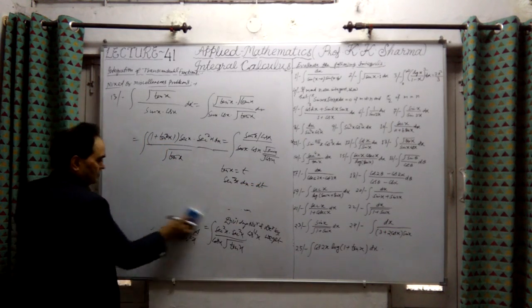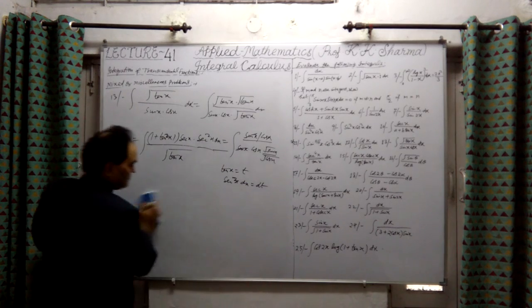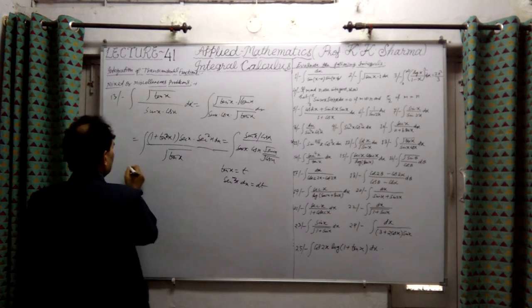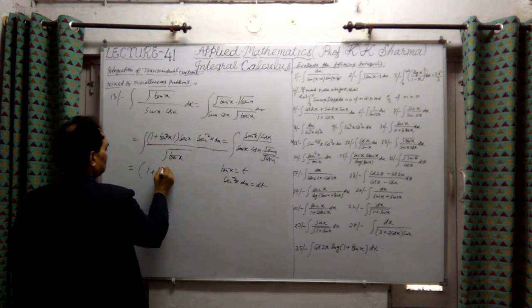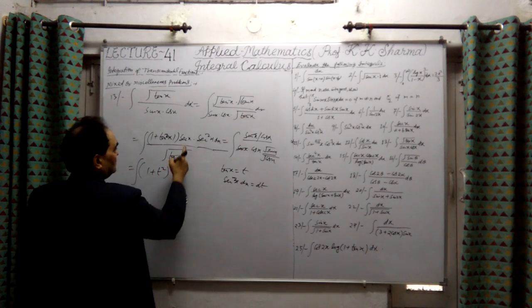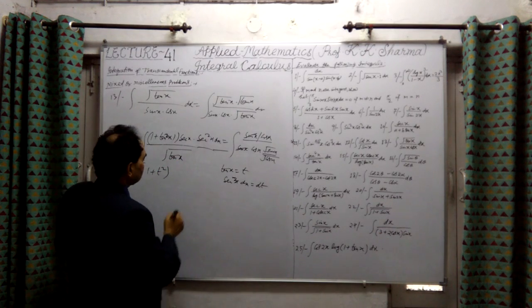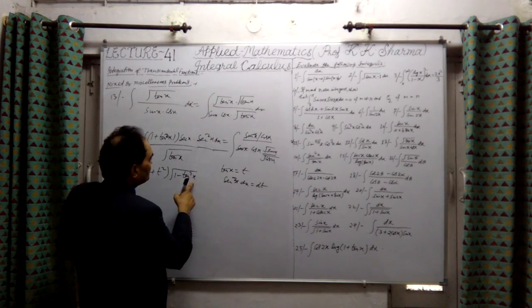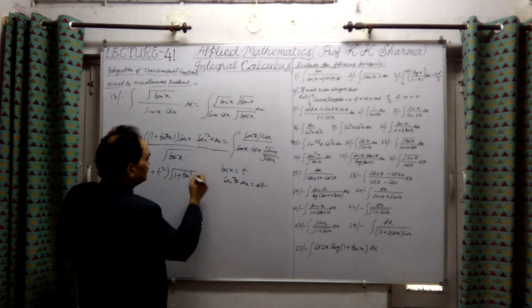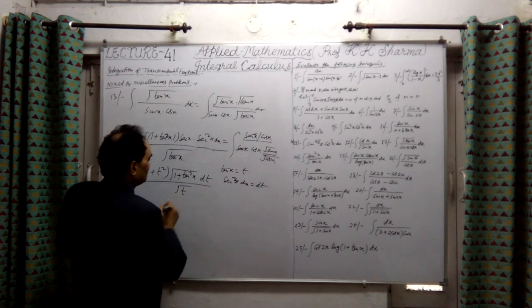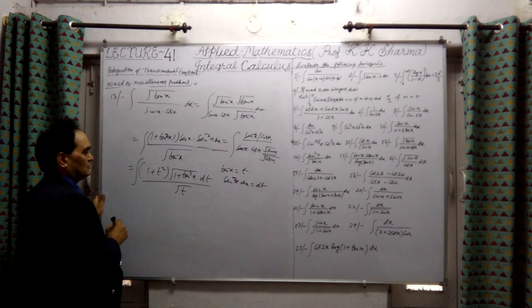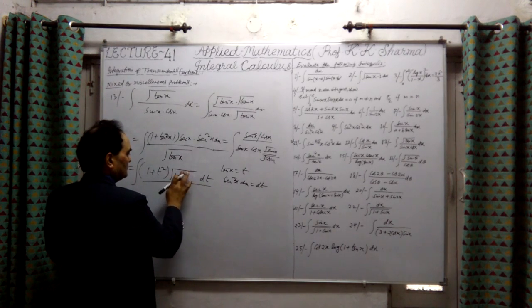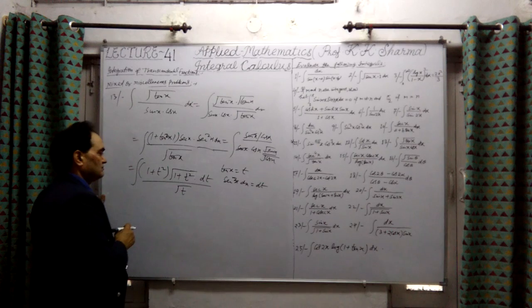Okay, so in the numerator we are having 1 plus t square, and this sec x again is equal to root of 1 plus tan square x, and this value is dt upon under root t, tan x equal to t, and this is something like t square, 1 plus t square.